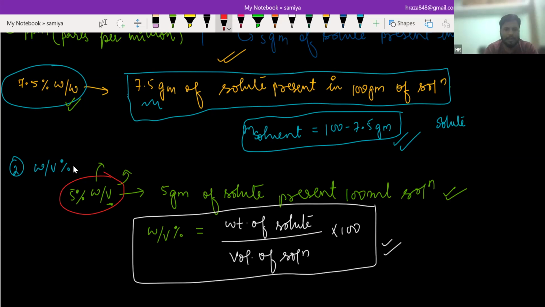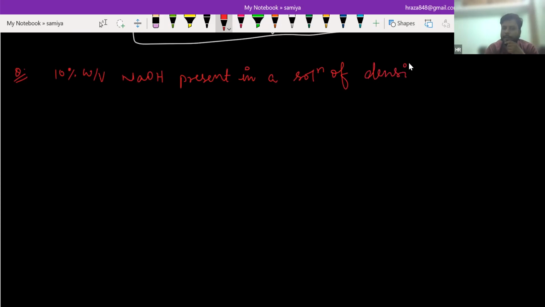Now see, I'm going to give you a question. 10% weight by volume NaOH present in a solution of density 1 gram per centimeter cube. Calculate weight by weight percent.